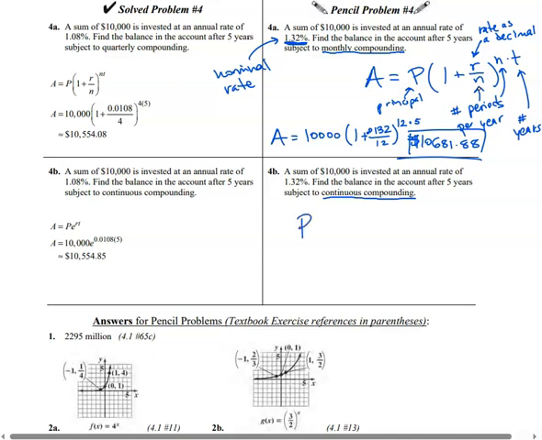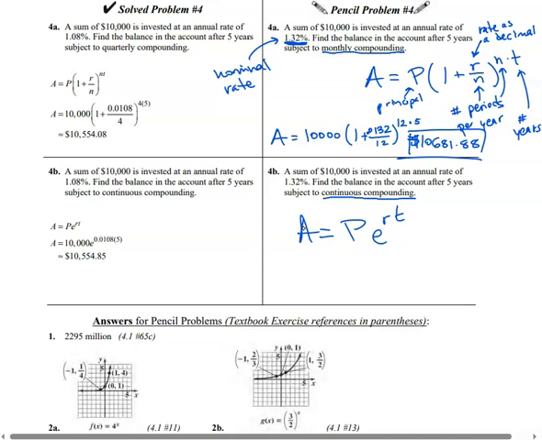And the formula goes like this. The P is going to be there, the same principal in the same position that we had before, but this percent increase is replaced by the base of e, and then we go e to the rate times time. So P times e to the rt.